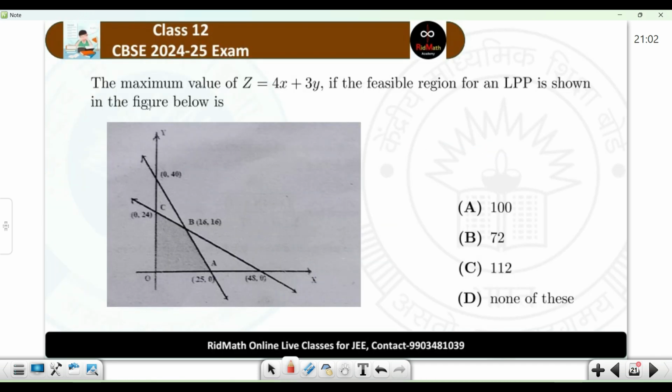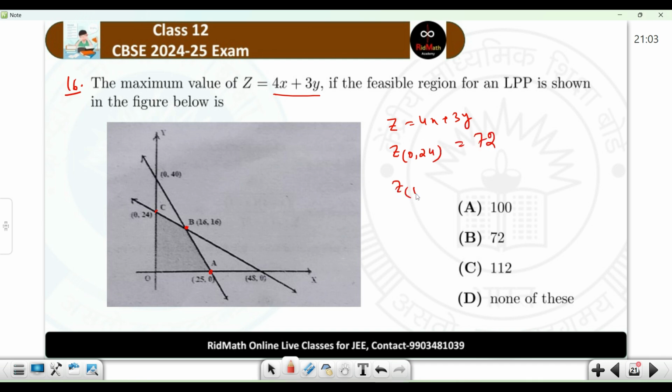Next problem. Question number 16. Find the maximum value of z equal to 4x plus 3y if the feasible region of an LPP is shown in the figure below. So these are the corner points. Z equal to 4x plus 3y. At 0 comma 24, this is equal to 72.